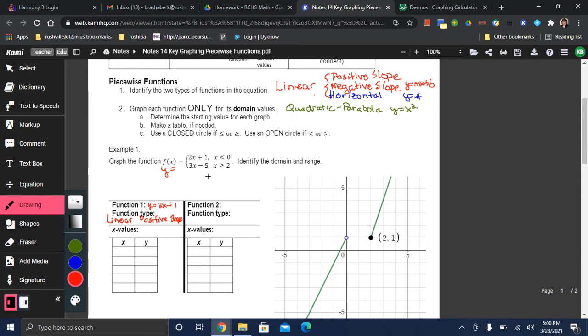And so then I want to look at the x values that this is going to take on. Now, it says that x is supposed to be less than 0. So one thing that's true about this type of graph is this is a boundary, and the boundary is either going to be included or not included, but we do always want to start with the boundary as you analyze it.